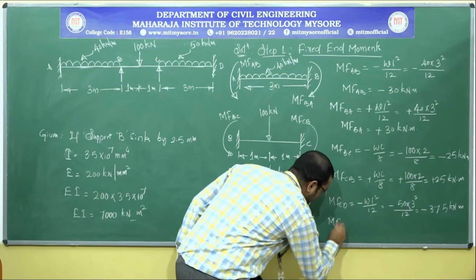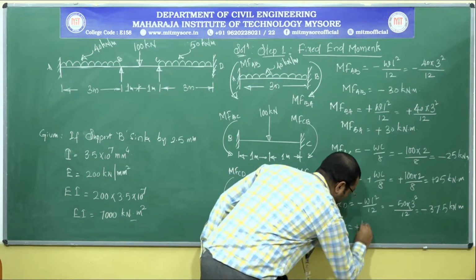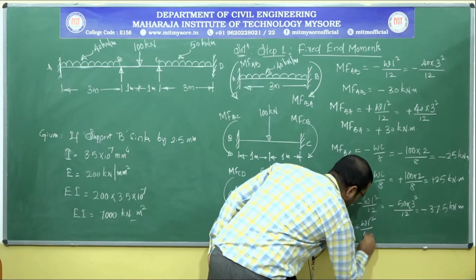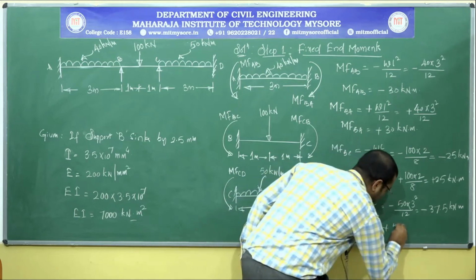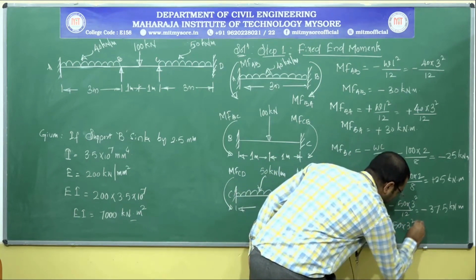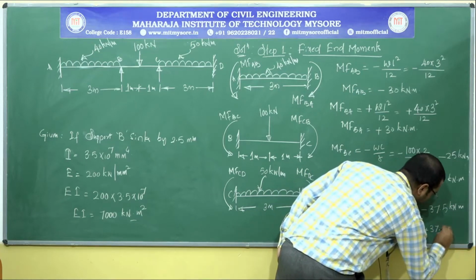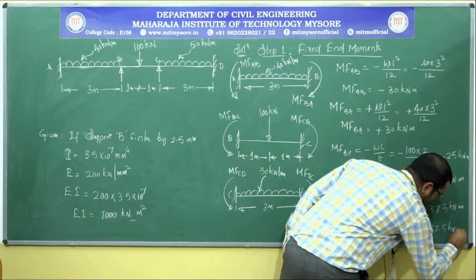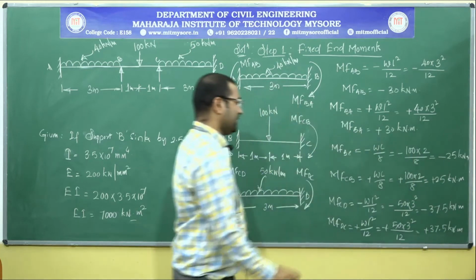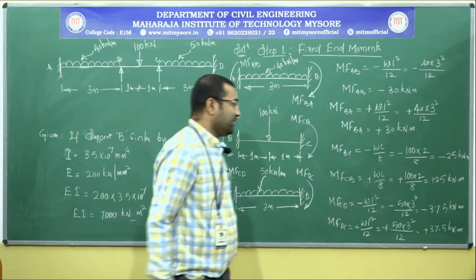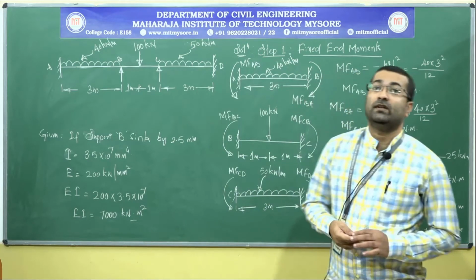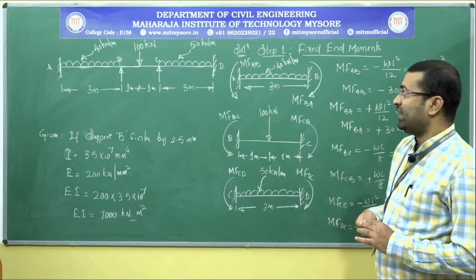Similarly, MF DC is equal to plus WL square by 12, plus 50 into 3 square divided by 12, plus 37.5 kilonewton meter. So these are the fixed end moments for the beam ABCD.